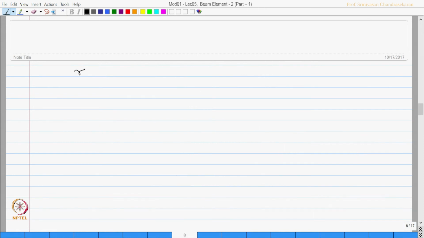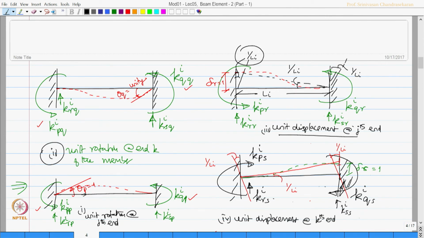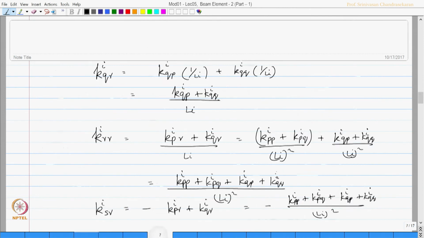Now, referring to figure 4, where unit displacement is given at kth end, you can see this figure, unit displacement at kth end, and you have a slope which is negative. Okay, this is this way. The moment is this way clockwise, whereas the slope is on the other side.